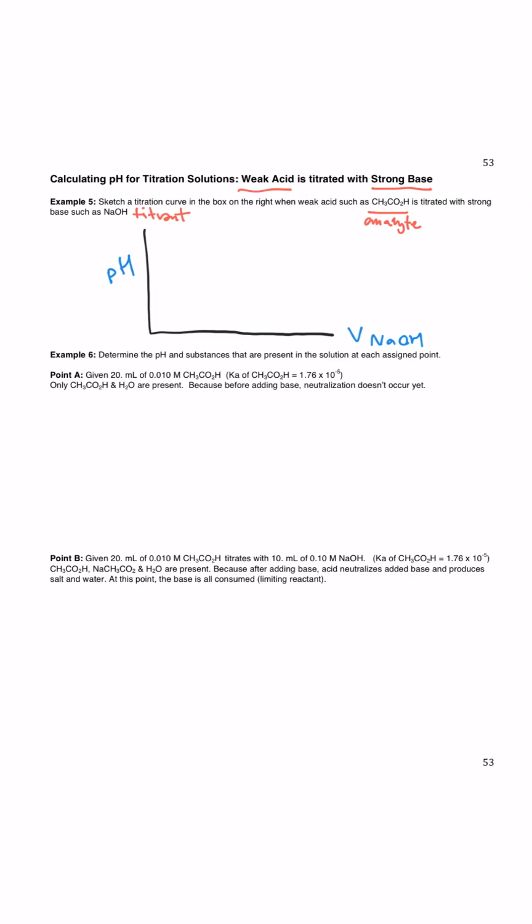And again, in this case, because the analyte is in the flask, at the beginning, before the reaction happened, the pH that we are going to measure would be the pH of an acid. Therefore, it would be lower than 7. And as sodium hydroxide keeps being added, the pH will rise until it reaches the end point.